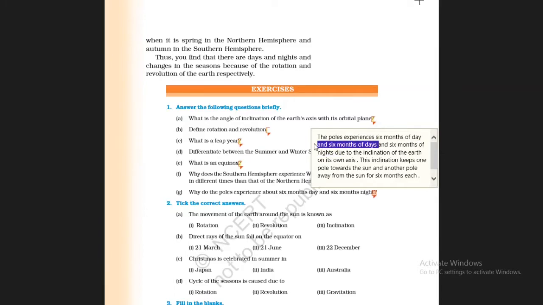This inclination keeps one pole towards the sun and another pole away from the sun for 6 months each. This is the reason why the poles experience about 6 months day and 6 months night.